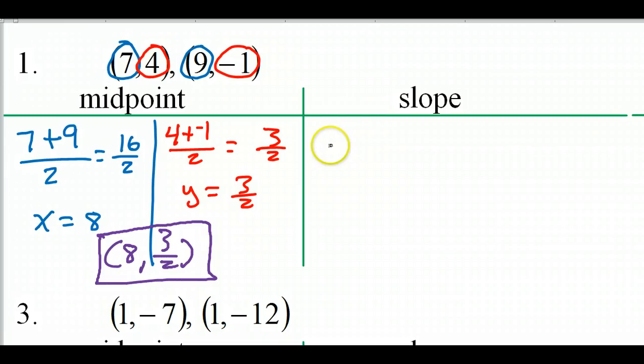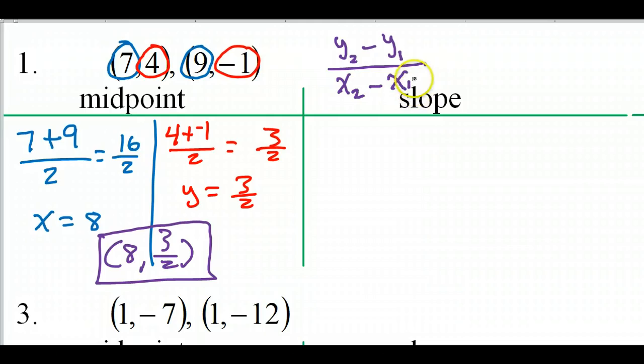Now, meanwhile, the slope, of course, whenever we do the slope, we're doing y minus y divided by x minus x. They usually write it as y2 minus y1 over x2 minus x1. In truth, the order in which you subtract does not matter as long as you do it the same way both times. If I do y2 minus y1, then I have to do x2 minus x1.